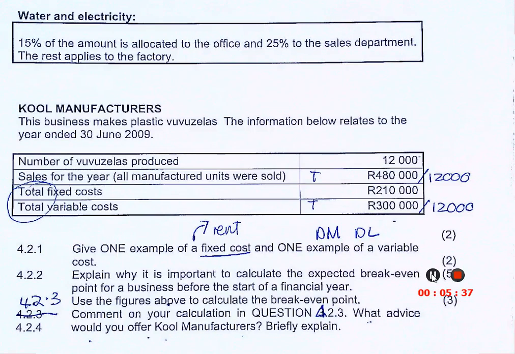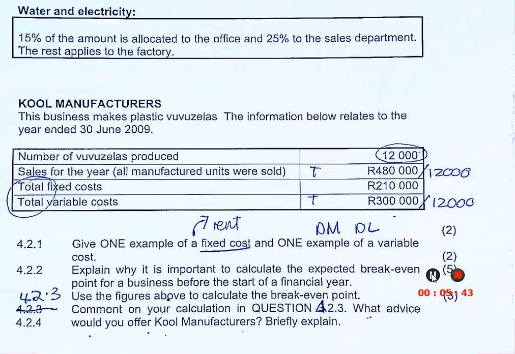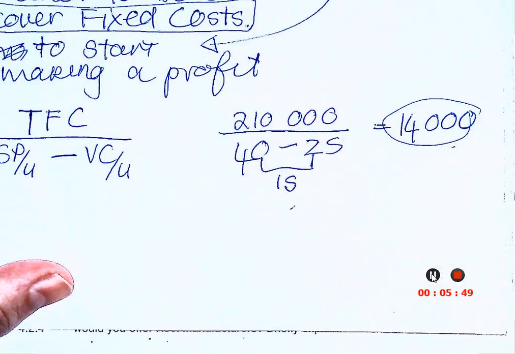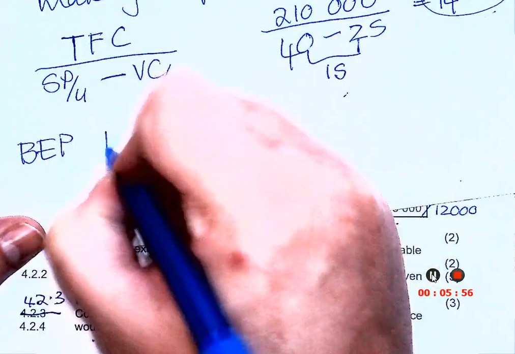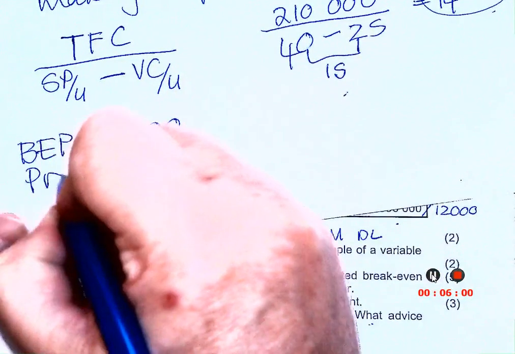If I look there, can you see the units produced is 12,000. I have just calculated the break-even point is 14,000. So, in other words, can you see that your break-even point is more than your production?